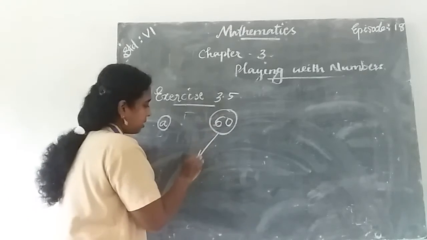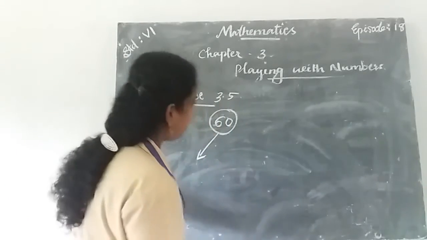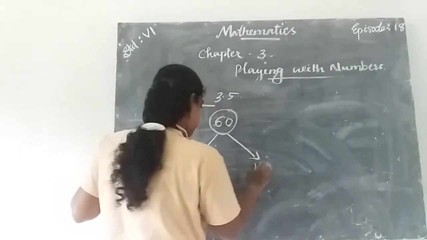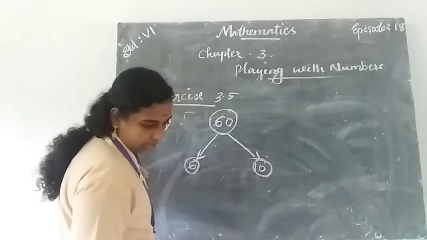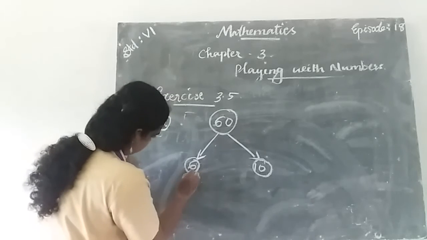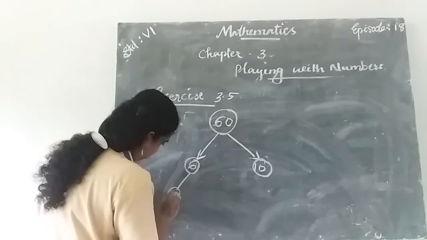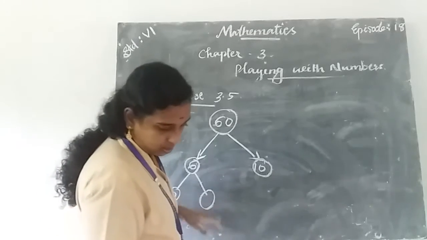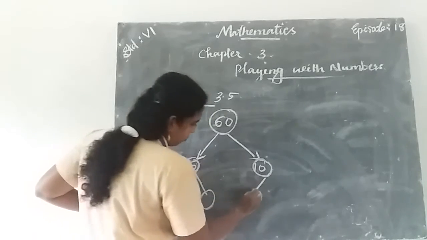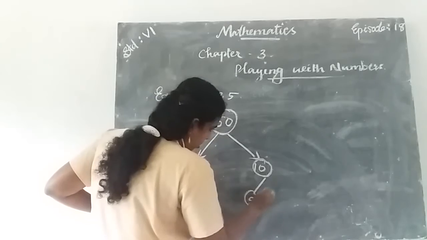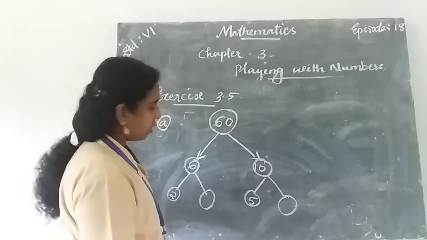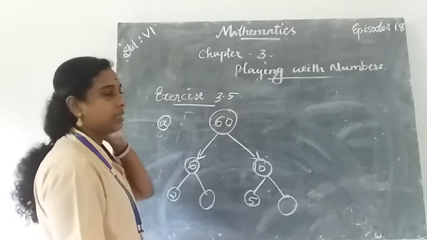The factor tree is 60, and we write it as the product of 6 and 10. Then here 2 is given, here is a missing number. Here 10 is written in the form of 5 and a missing digit.